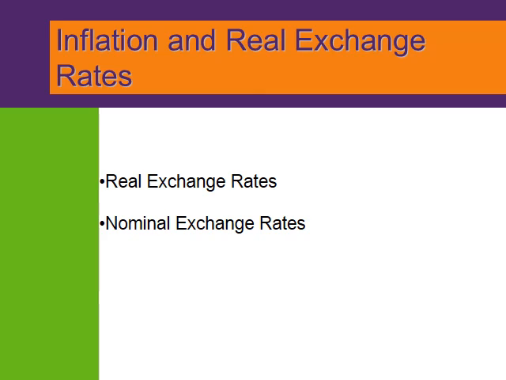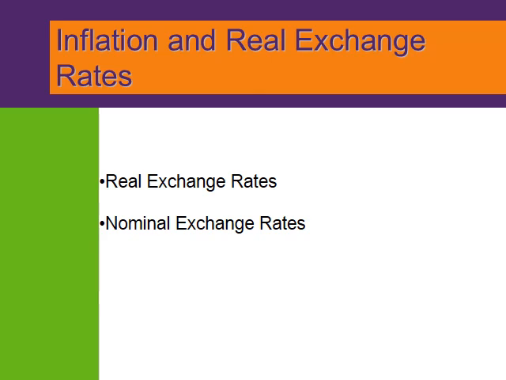To distinguish it from the real exchange rate, the exchange rate unadjusted for aggregate price levels is sometimes called the nominal exchange rate. There is no difference, let's say, in aggregate price levels between the US and Mexico in the base year.